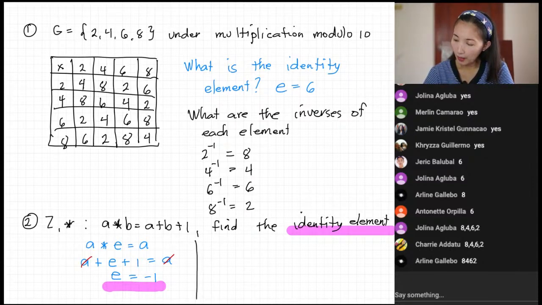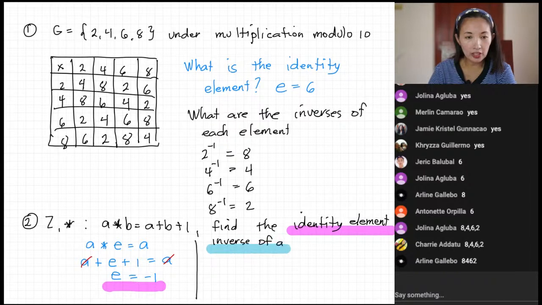Okay, how about the inverse of A? So, this is what we are going to do next. Look for the inverse of A. Okay, by definition, when we speak of inverse, A times its inverse, may we represent it as A raised to negative 1?